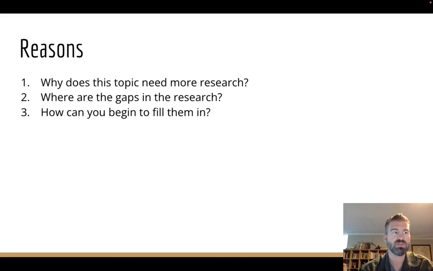So when I have students writing about social media and the harmful effects of social media, this reason section tends to be rather weak. And the reason for that is it's fairly common knowledge that there are negative components to social media, whether that has to do with body image or bullying or addiction or whatever it is. We don't need additional research into that area because we already have that research.